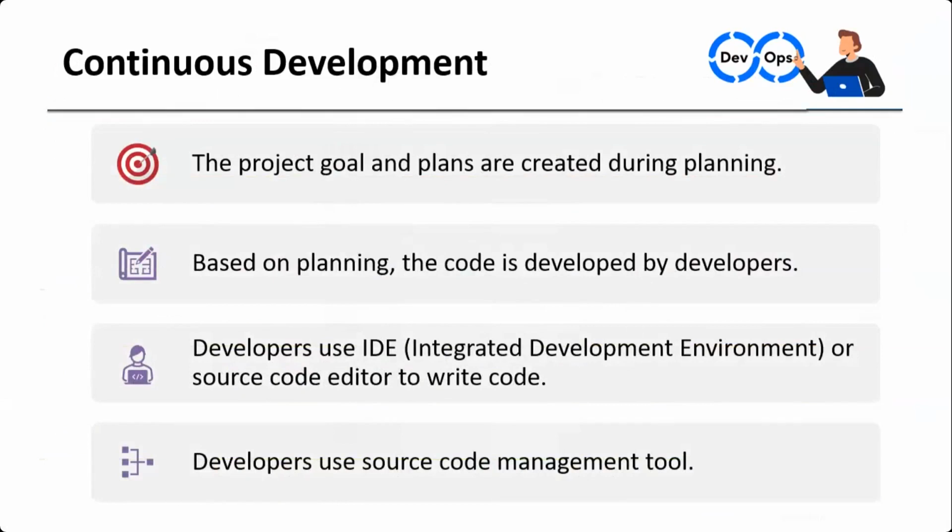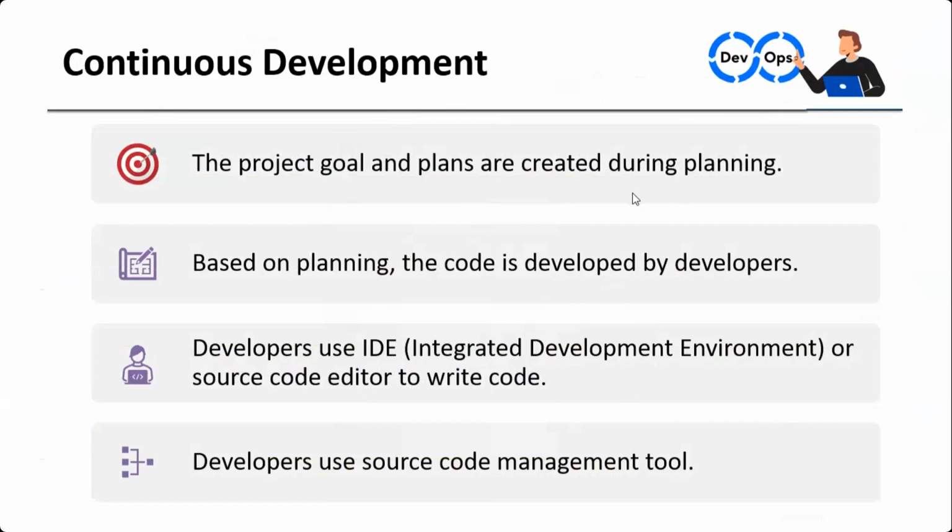Source code management tools play a very important role in organizing and tracking code changes and facilitating collaboration among developers. By integrating these practices, continuous development ensures a structured, efficient, and collaborative approach to software development, setting the foundation for the next phases in this DevOps pipeline.